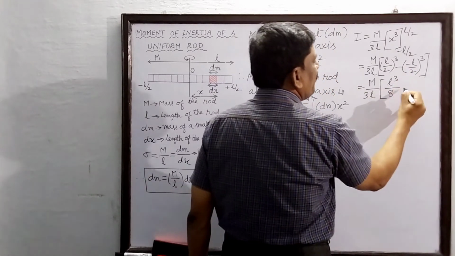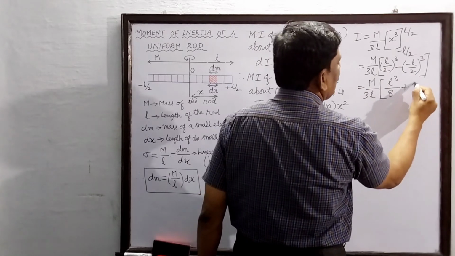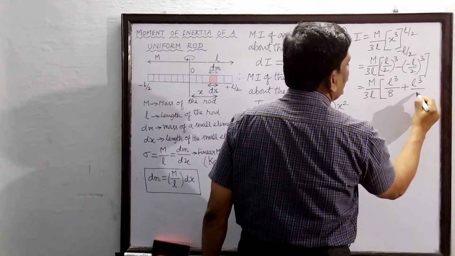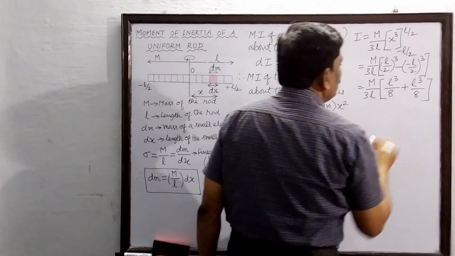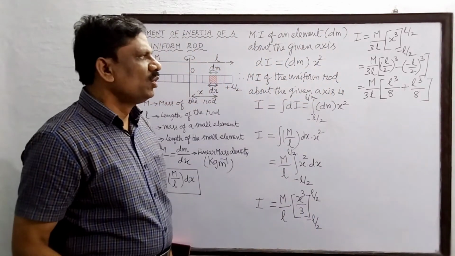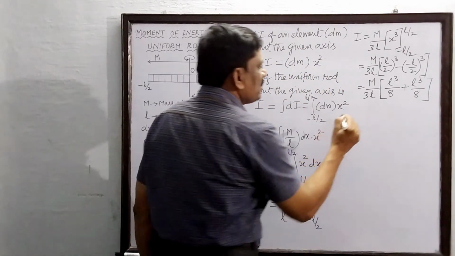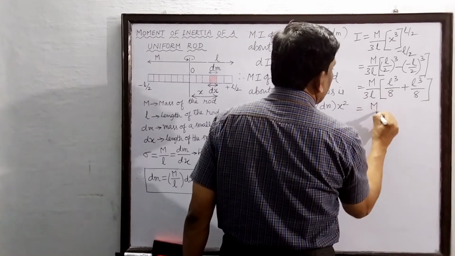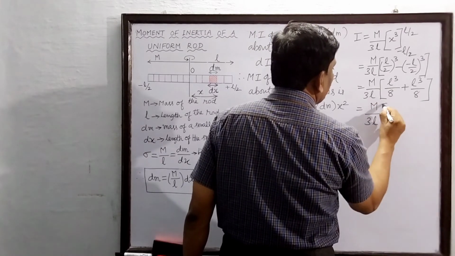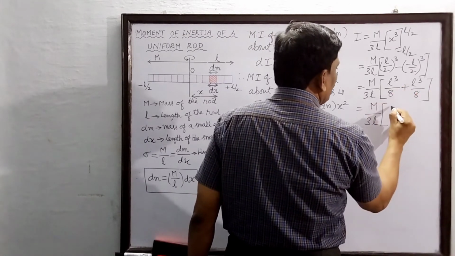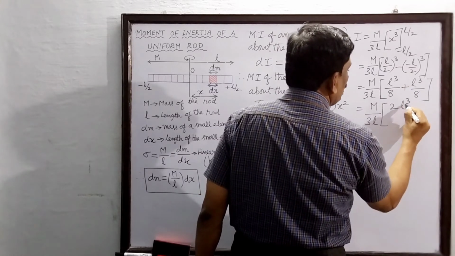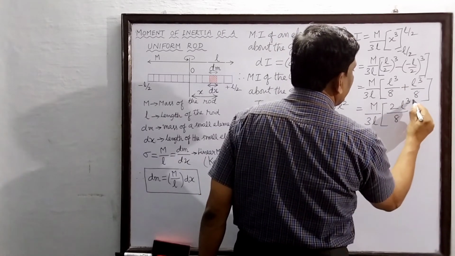And minus of minus will become plus. This also will be what? L cube divided by 8. So 2L cube divided by 8. So this is equal to M divided by 3L into L cube plus L cube, so this is 2L cube divided by 8.